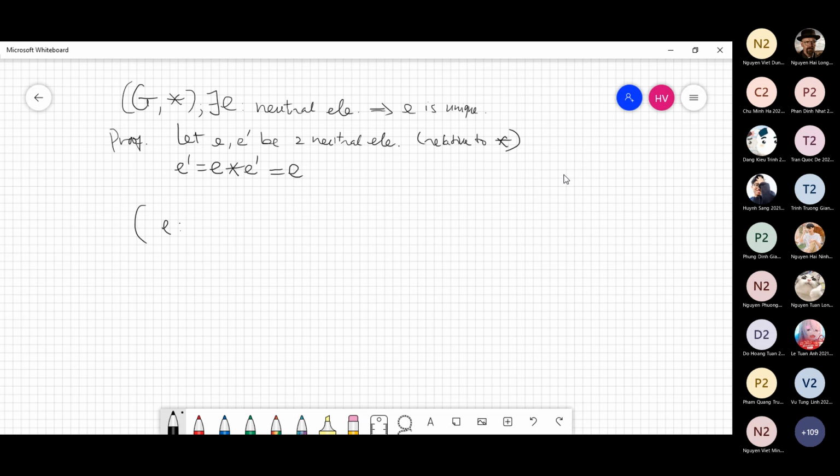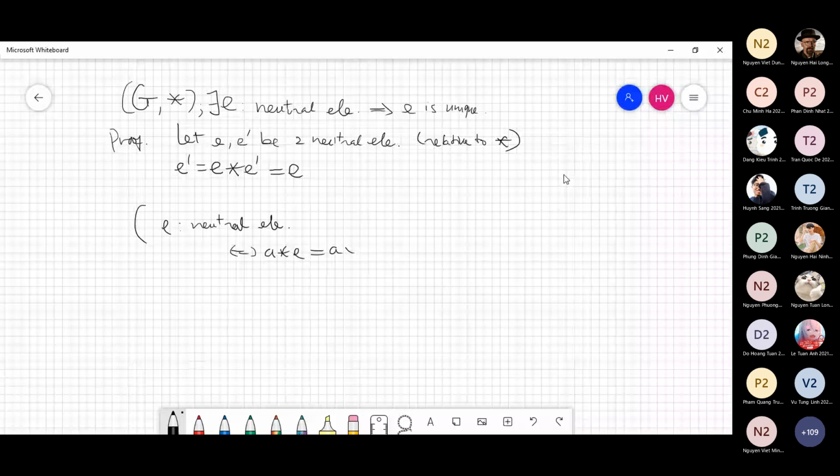Because I remind you, E is a neutral element if and only if A star E is the same as E star A, the same as A, for all A in G. So here we use the fact that E prime is a neutral element, so E here plays the role of A here.